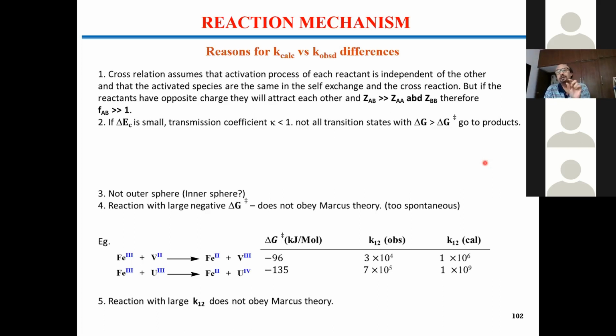And once you get the capital K, that means the equilibrium constant of the self reaction and the equilibrium constant for the cross reaction, and the rate of the self reaction, considering the F factor in that equation 1, you will get the rate of the cross reaction, and that also you can determine experimentally, and it matches quite well for many cases.